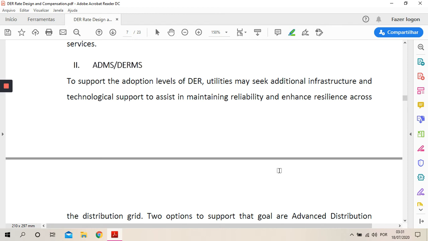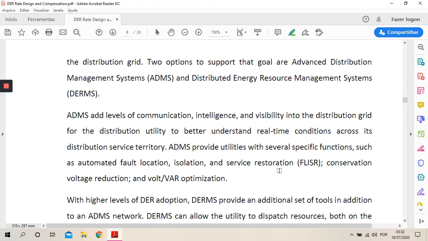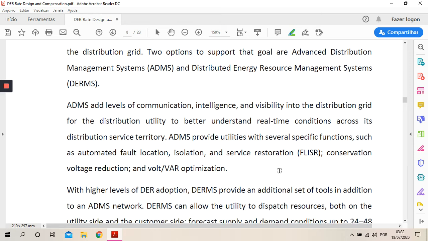ADMS, DERMS. To support the adoption levels of DERs, utilities may seek additional infrastructure and technological support to assist in maintaining reliability and enhance resilience across the distribution grid. Two options to support that goal are advanced distribution management systems and distributed energy resource management systems.